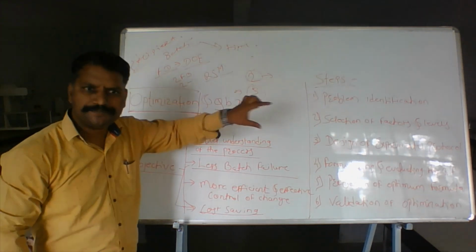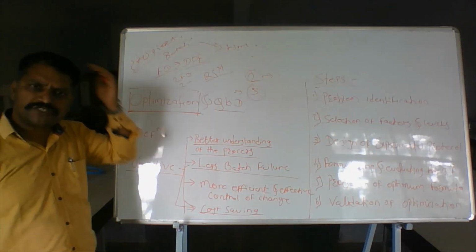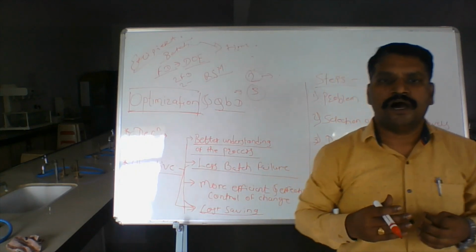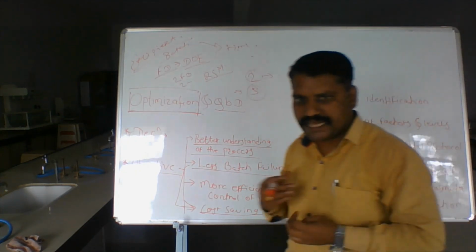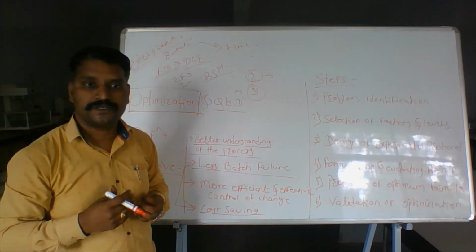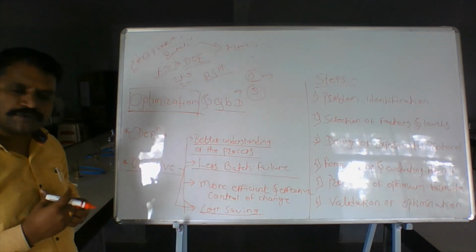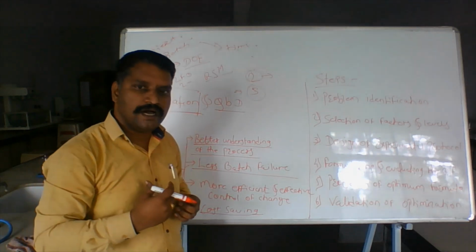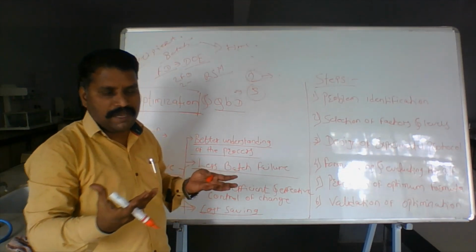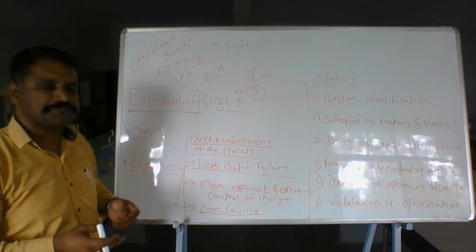Quality by design, the pharmaceutical quality by design, is a systematic approach to development that begins with a predefined objective and emphasizes the product and process. A predefined objective. Okay, suppose my project is the development of a fast disintegrating tablet.